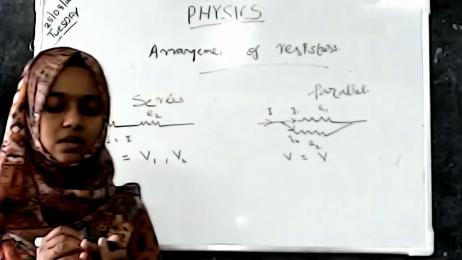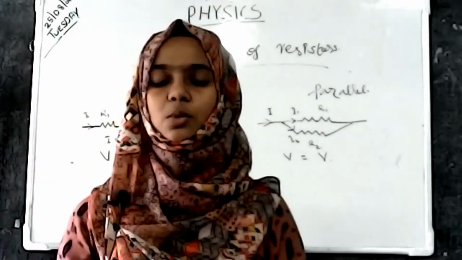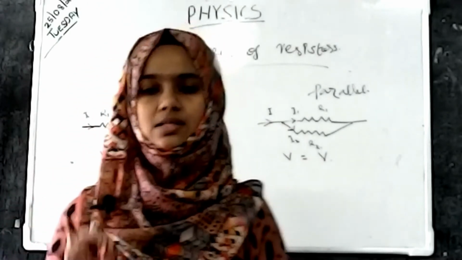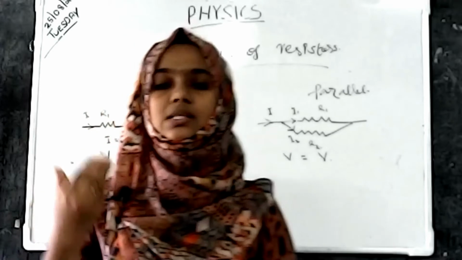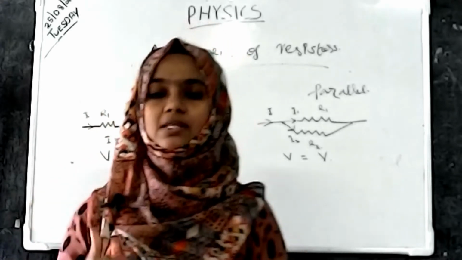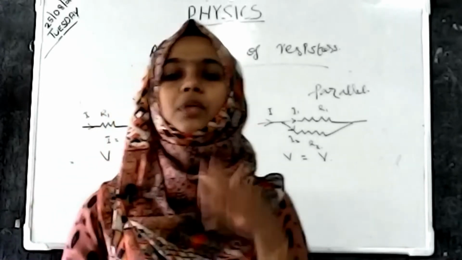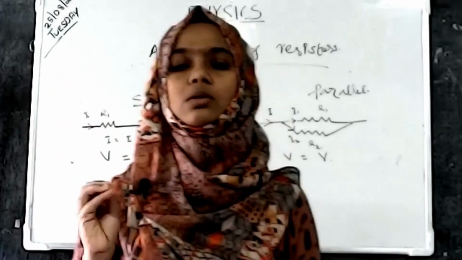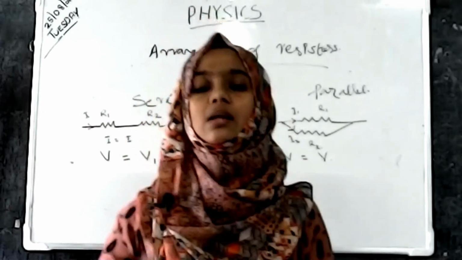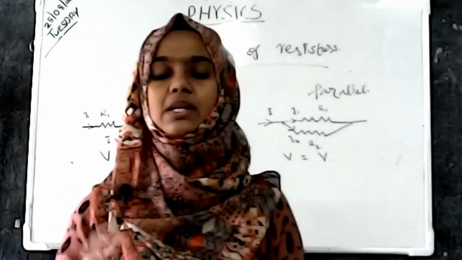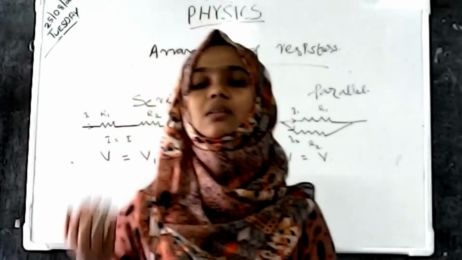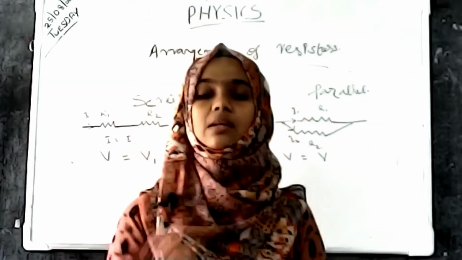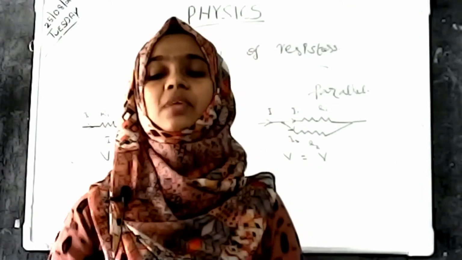When we apply current through a series resistor connected circuit, if the resistor is replaced by a bulb, the light of that bulb is brighter when the circuit is in series than in parallel.